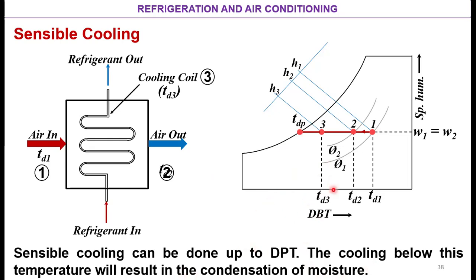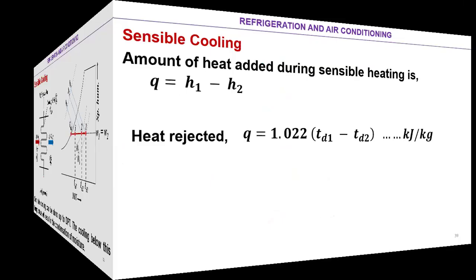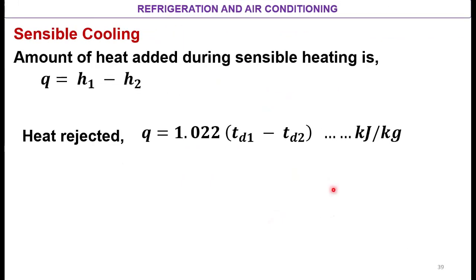And the equation to calculate the amount of heat removed. Actually, it should be the amount of heat removed during the sensible cooling. Please make a correction here that it should be the cooling process, and instead of added, it should be removed. Amount of heat removed, and here it should be the sensible cooling process.